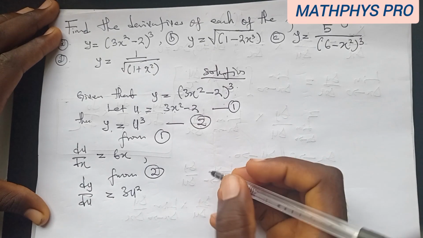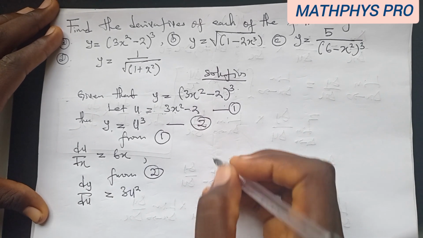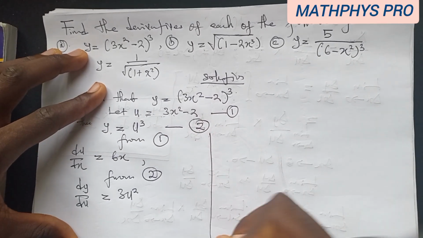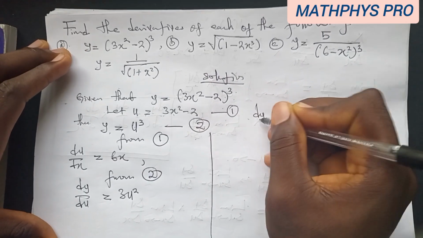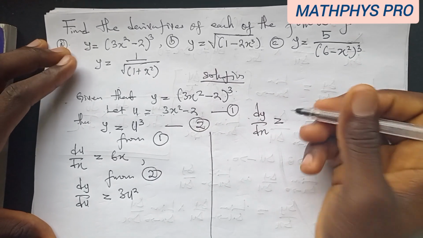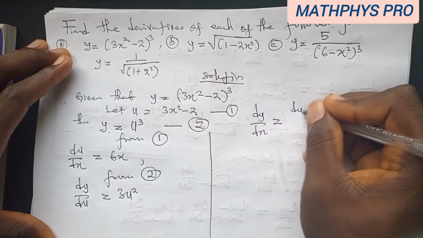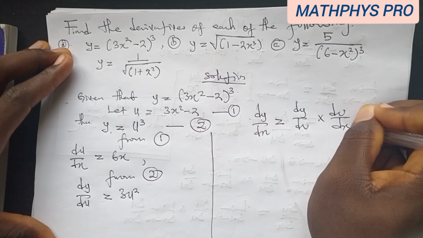Now, we can apply the chain rule formula that states that dy dx will be equal to dy du times du dx.